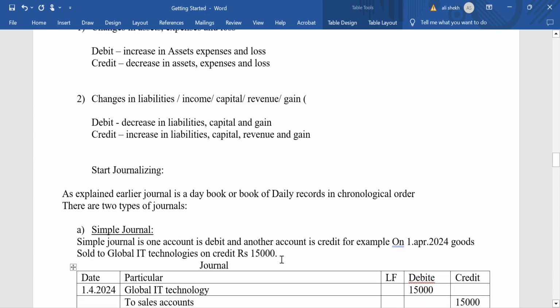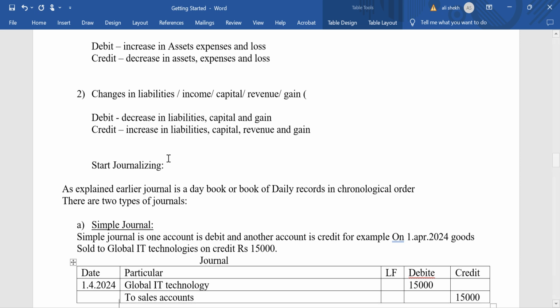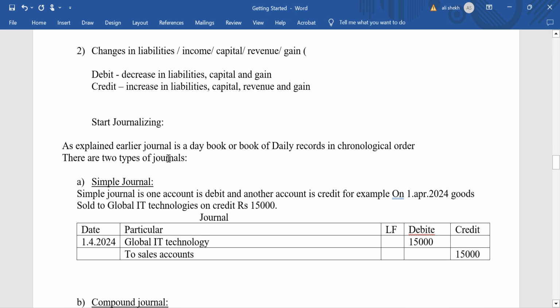Debit decrease in liabilities, capital and gain; credit increase in liabilities, capital, revenue and gain. If liabilities, capital or gain is decreasing, then it is debit. If it is increasing, then it is credit. Okay.